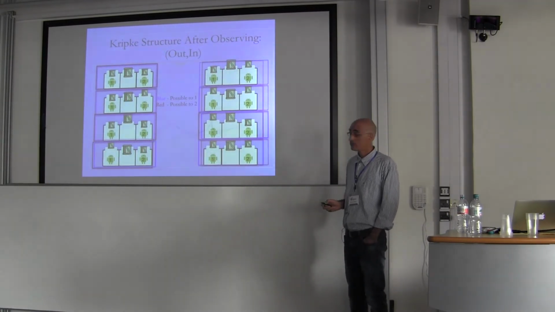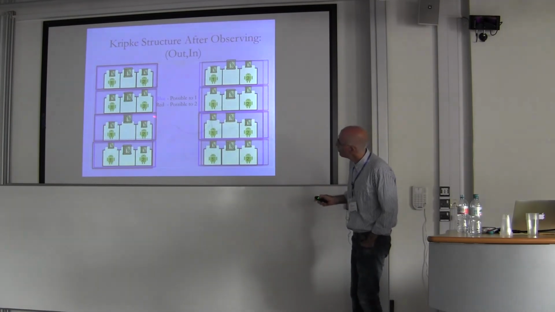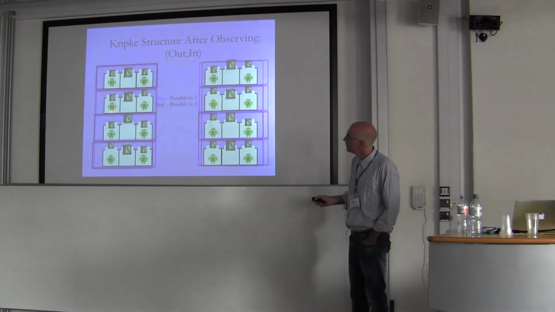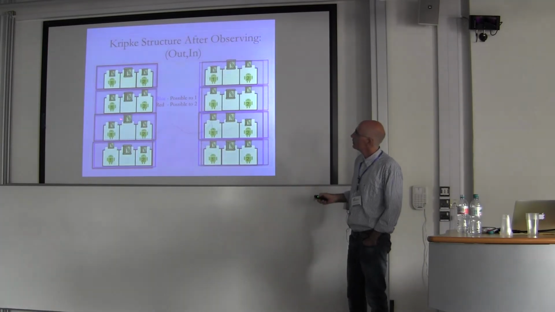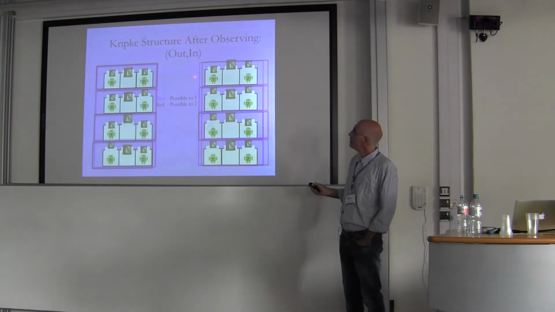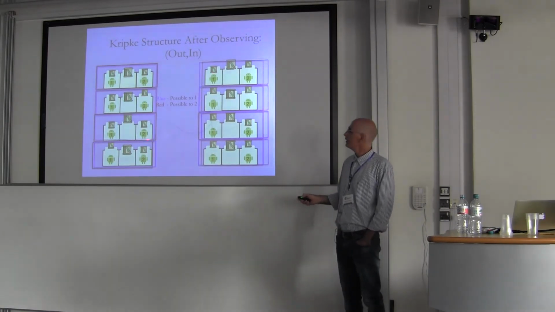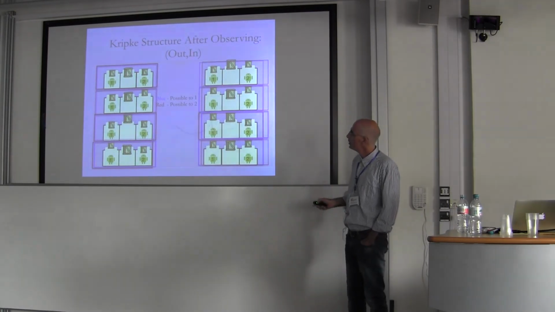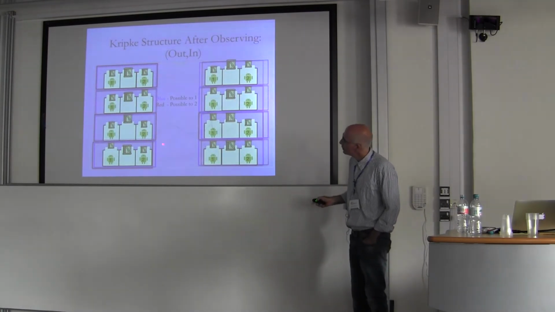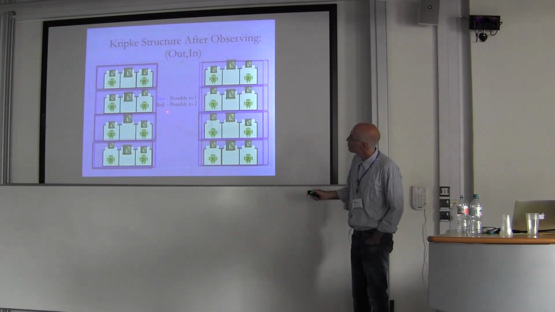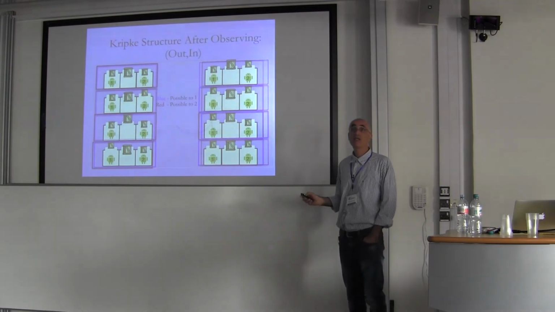Okay? I also marked with the dotted blue line the other 4 worlds, and had the agent observed in, these would be the 4 worlds it cannot distinguish between. Okay, all of the ones that are similar. You see that also the solid red line is the indistinguishability relation of agent 2.